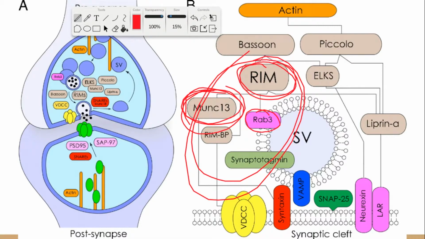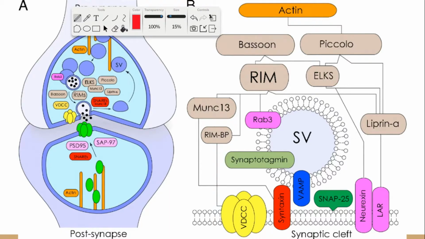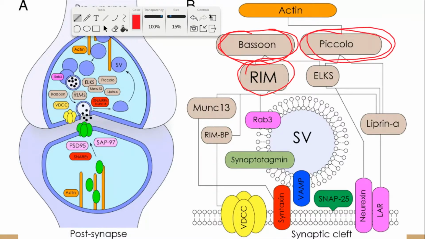Another interesting interaction going on in this image is this RIM, bassoon, and piccolo complex. So RIM, again, is nucleating this whole complex, but bassoon and piccolo are responsible for tethering the primed vesicle to the actin cytoskeleton.